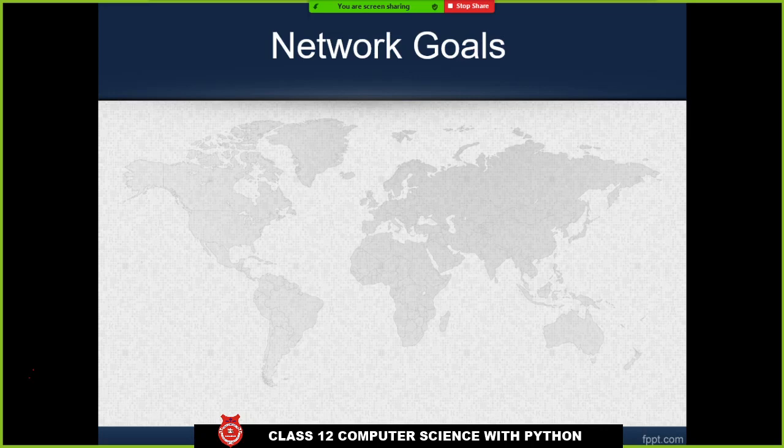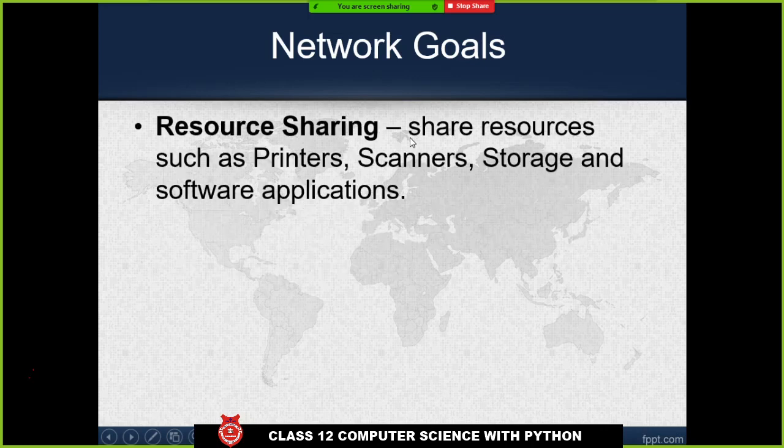And what is the goal for forming a network? Some of the goals are, the first one is resource sharing. This is one of the most important goals. We are sharing resources.